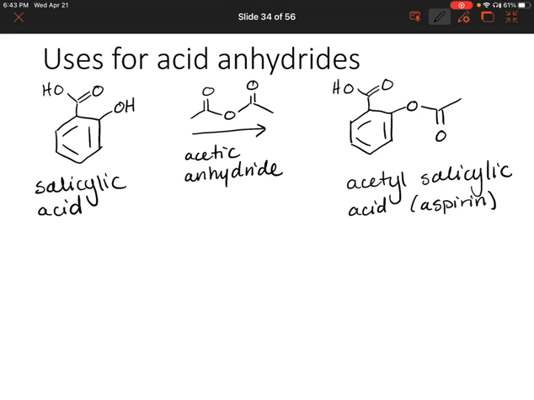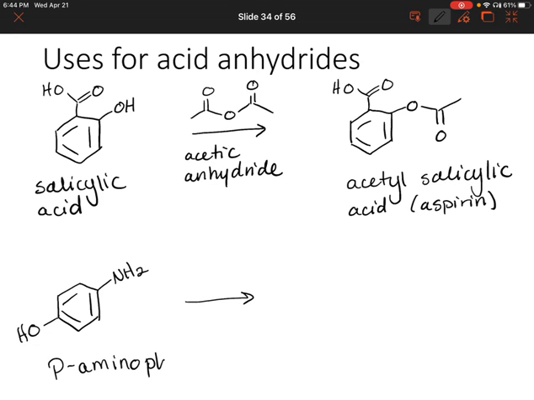Let's see, we can also create another compound using our acetic anhydride. So if we start with a benzene ring with an amino group para to an alcohol group, that would be called p-aminophenol. Again, we're reacting that with acetic anhydride.